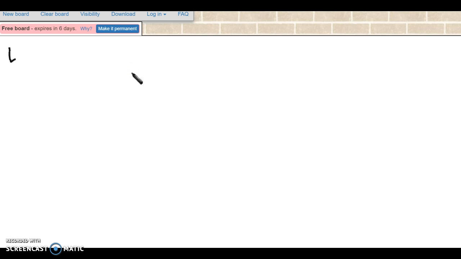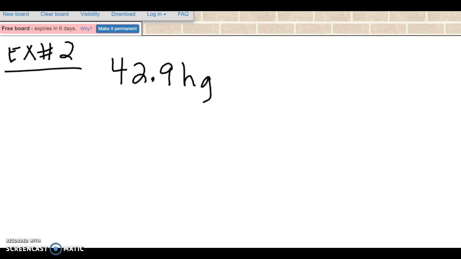Let's do another example. Example number 2, and I will solve this using both methods as well. Let's say we have 42.9 hectograms, and we want to find out how many grams are in it.